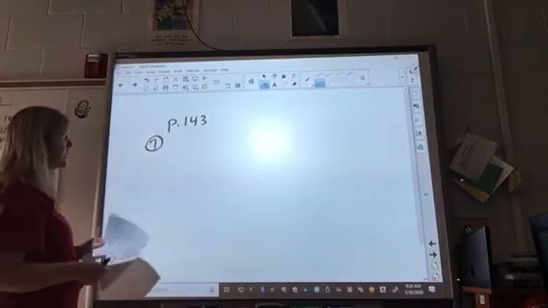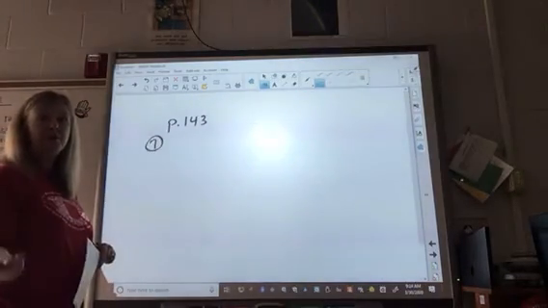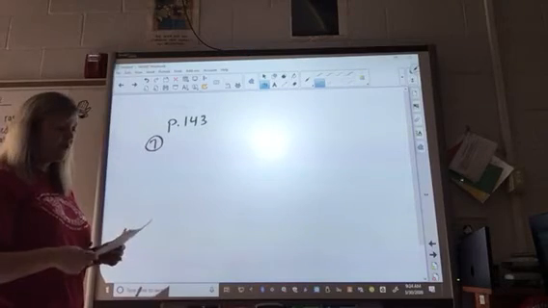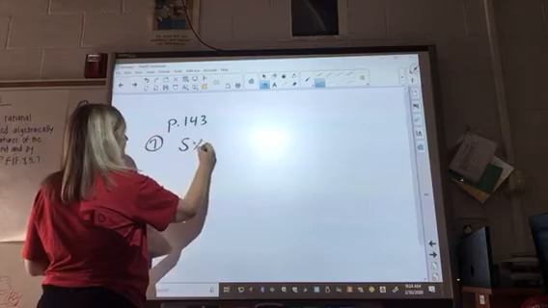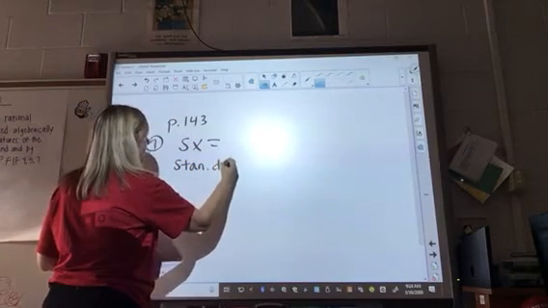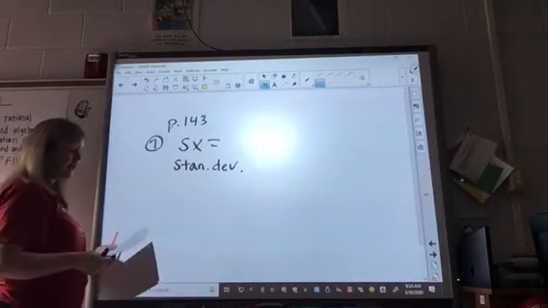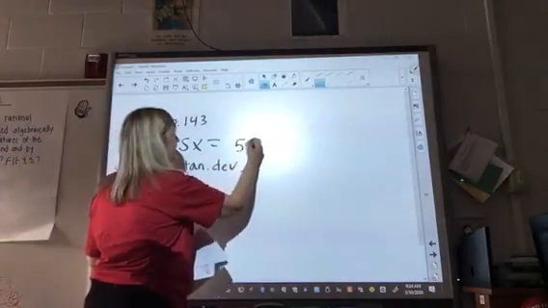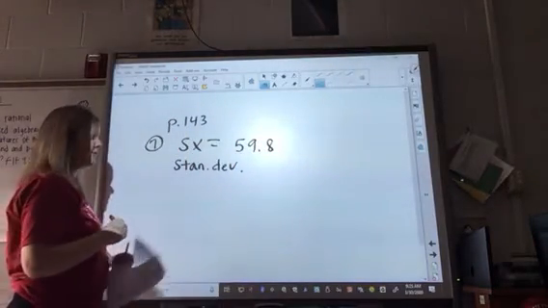All right, so punch the data in the calculator in L1, compute 1-Var Stats. We're going to look for Sx, which means the standard deviation. If I punch that in and round it off to the nearest tenth, I should get 59.8.